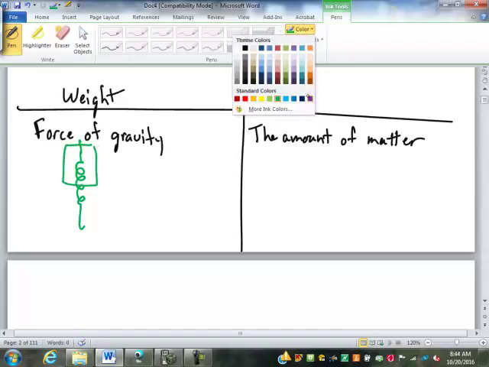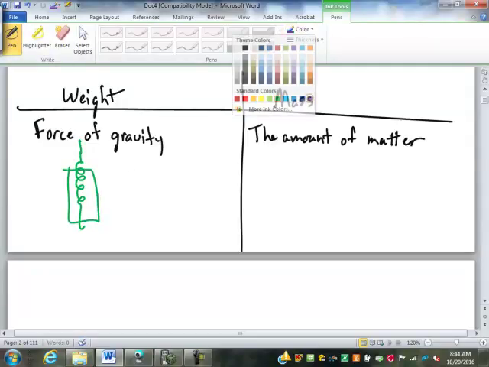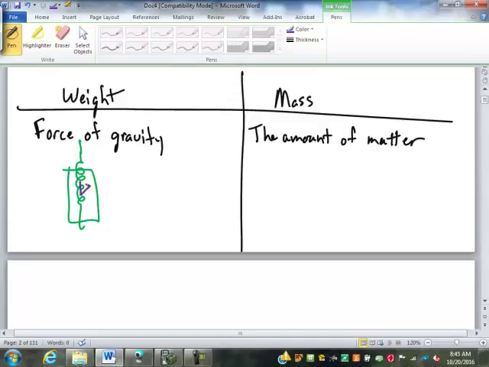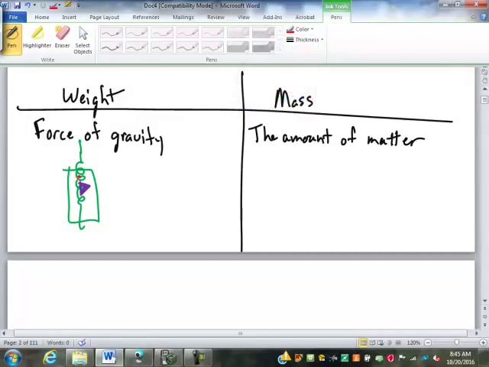And that scale will have an indicator on it, a needle like this. And the reason they call it a scale is because it's labeled with a scale. So there's nothing on here right now, so that needle would be at 0, then 1, 2, 3, whatever.